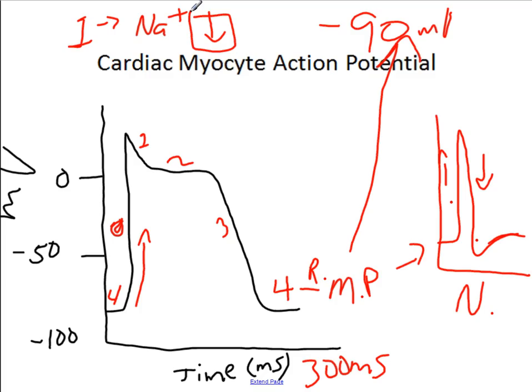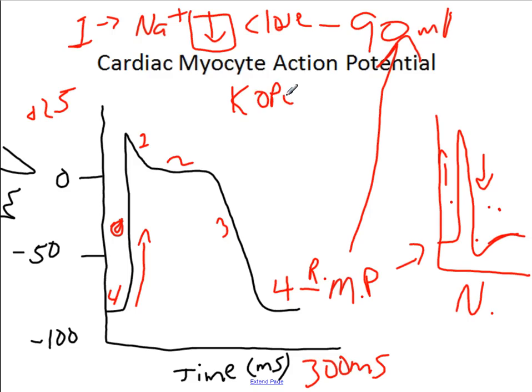Usually we don't get much higher than about positive 25 millivolts. Once we reach this very positive charge, the sodium gates are going to close. And you understand what happens next, because you understand how a neuron works. These voltage sensitive potassium gates are going to open.